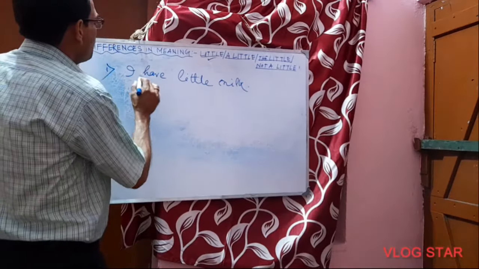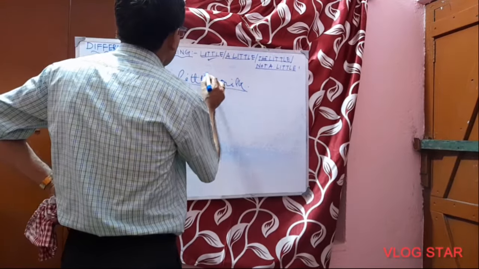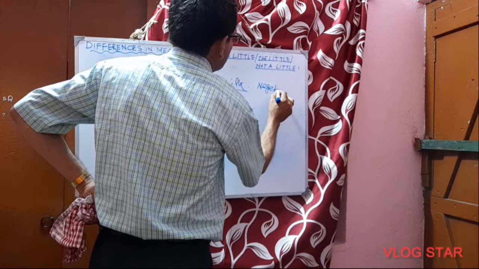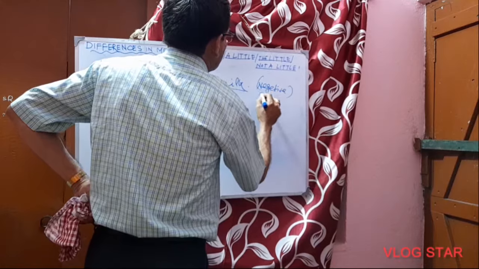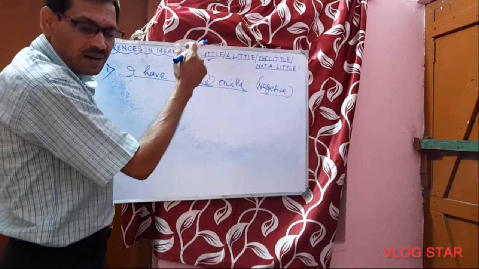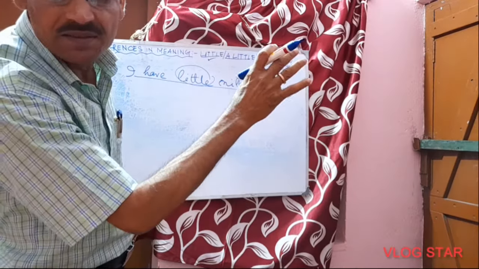Now consider, এখন ভাবো, I have little milk, little denotes negative force. It cannot be considerable. যা আছে ধর্তব্যের মধ্যে না, মানে প্রায় আমার কাছে কিছুই নেই.